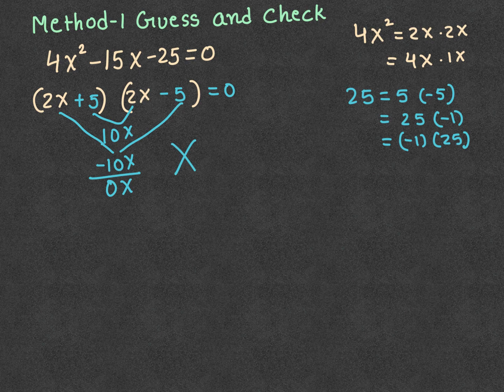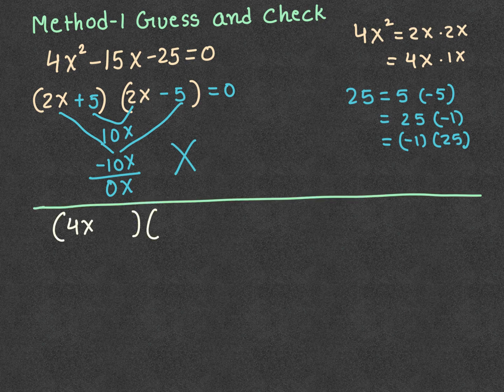The next set of values I'm choosing is 4x times x for the first term, and minus 5 and plus 5. We get the last term as negative 25 and the first term as 4x squared.